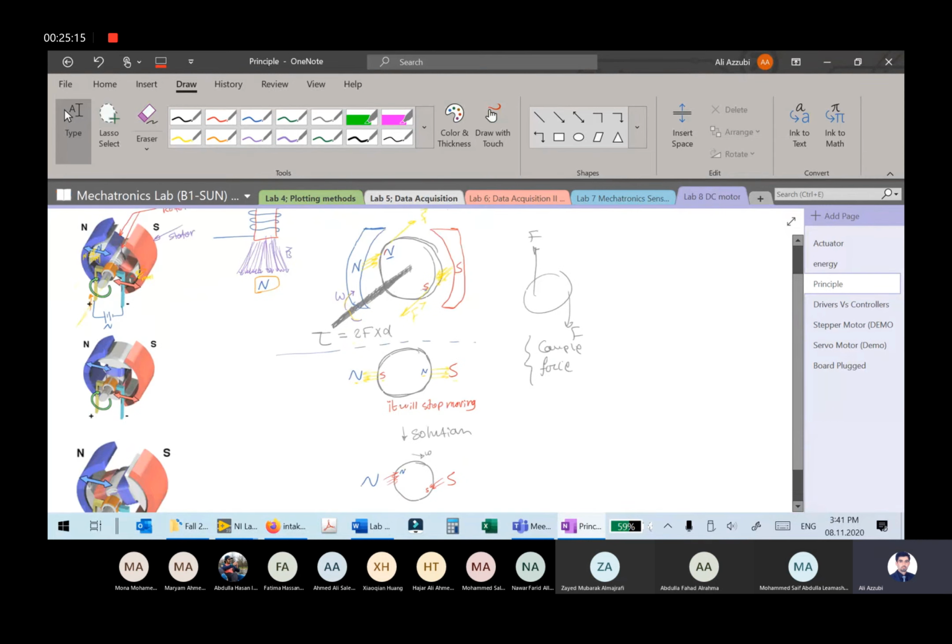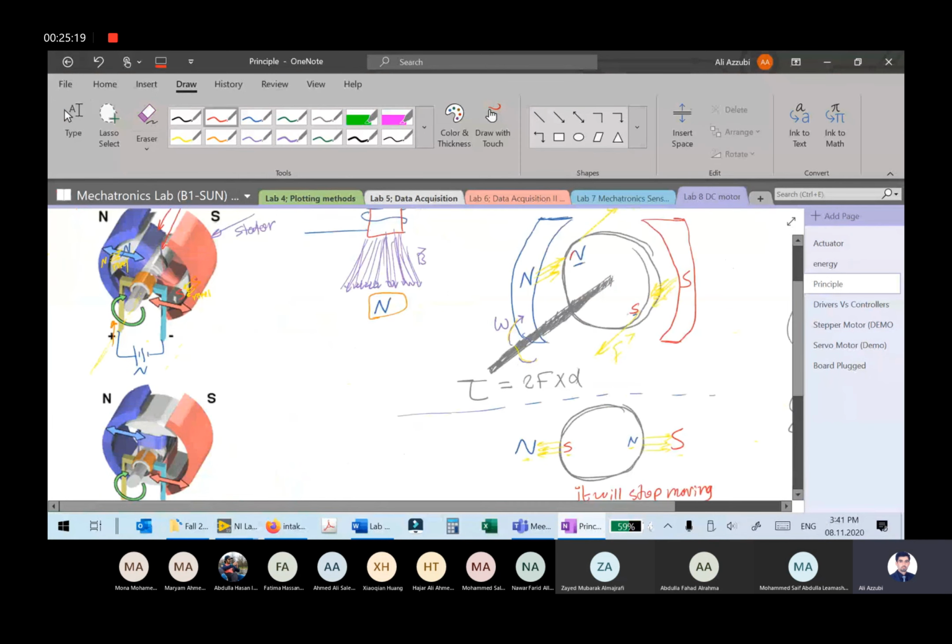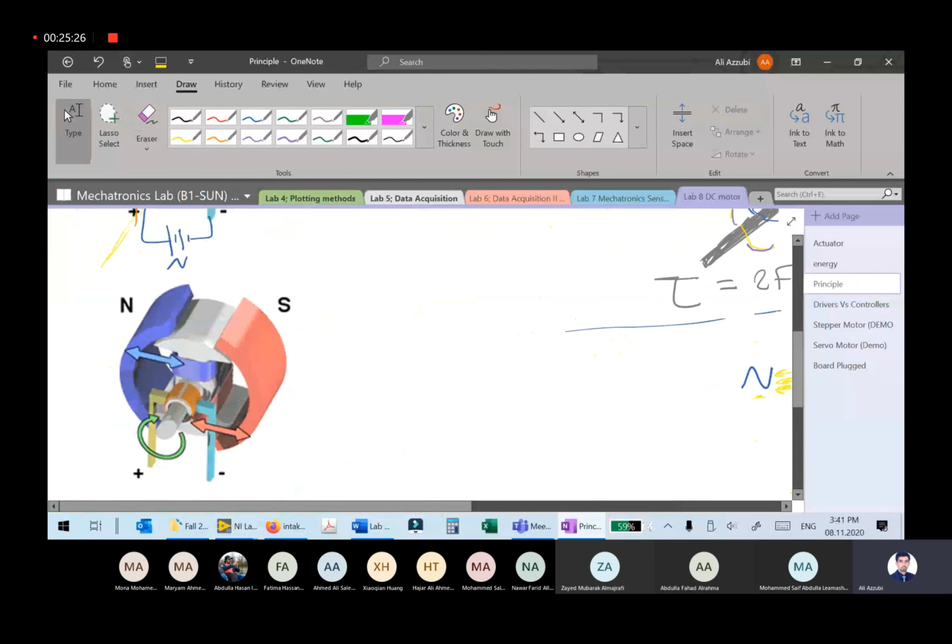Okay, and this is seen here. Okay, now this is a good location. So actually we started to see some repelling motion here. After some time, the coil has reached a point where this is actually my north and this is actually my south.